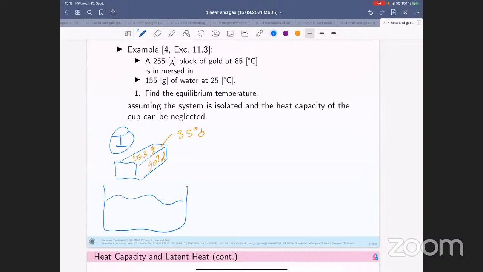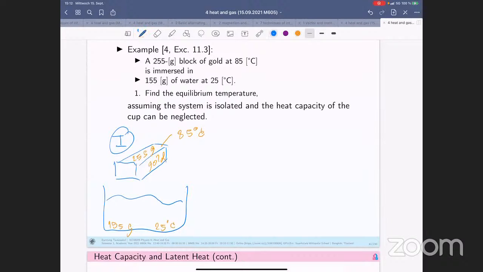You have a cup of glass and you throw it into the water, which is 155 gram and 25 degrees Celsius.